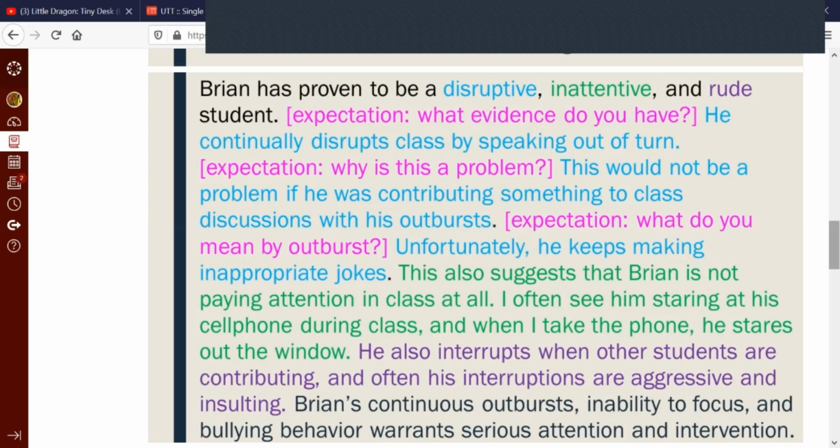So why is that a problem? So we explain why it's a problem. This would not be a problem if he was contributing something to class discussions with his outbursts. And then, tell me a little more about what you mean by outbursts. And we get very specific and say he tells inappropriate jokes. So from sentence to sentence, we're answering those little questions that would come up from the previous sentence.